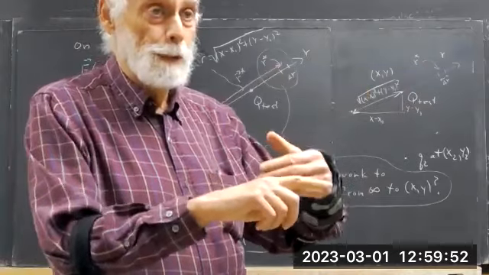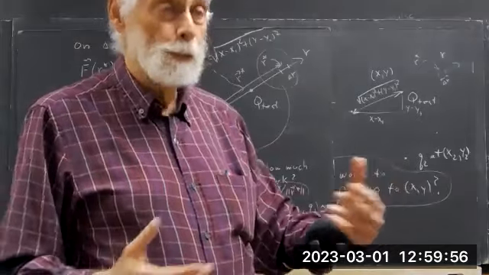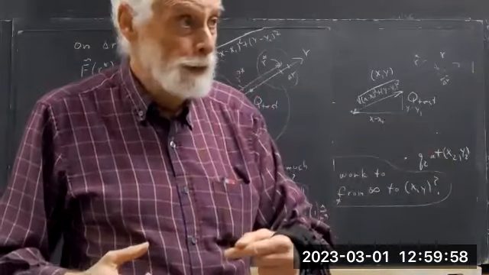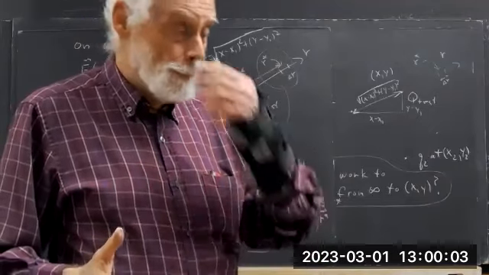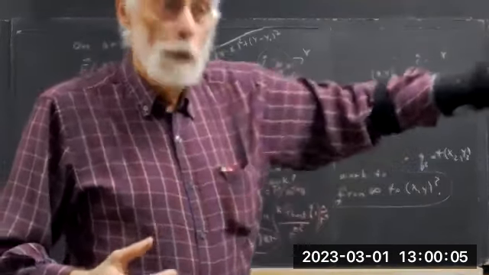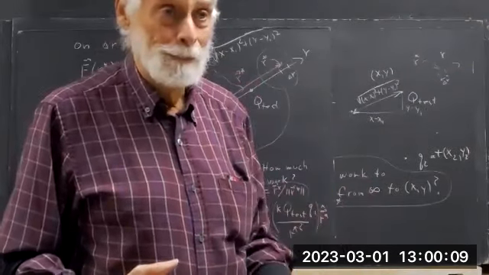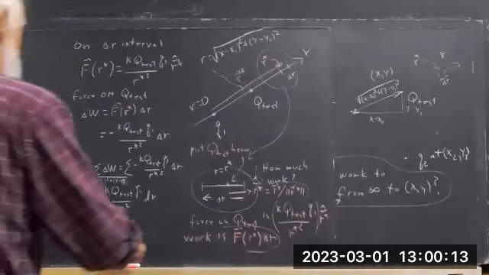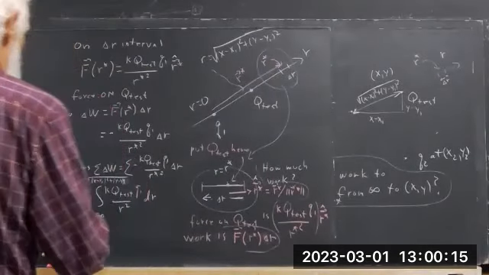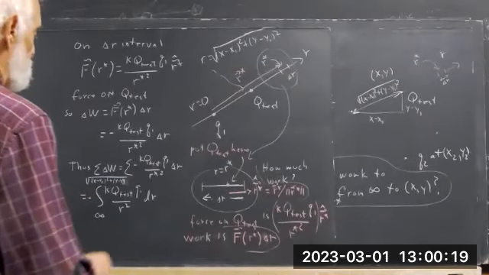So then this integral would be the work done by the force, which is negative if you're moving from infinity to whatever distance. The work you've got to do to move that thing is in the direction of motion.